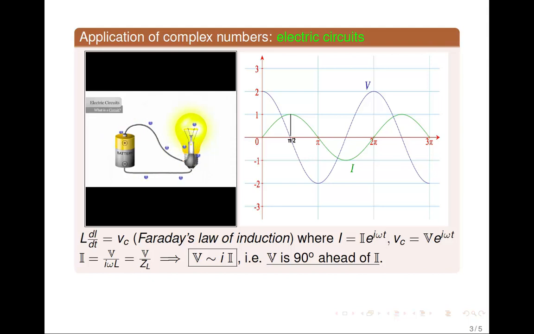Now, this system is governed by an equation which is given by Faraday's law of induction, which simply says that the voltage drop across the light bulb is proportional to the rate of change of current flowing through it. This happens to be a standard law from physics.